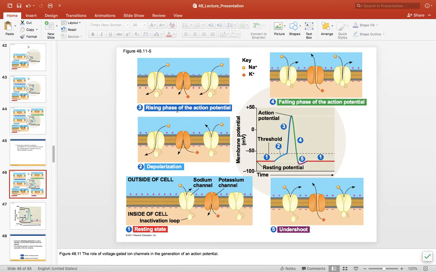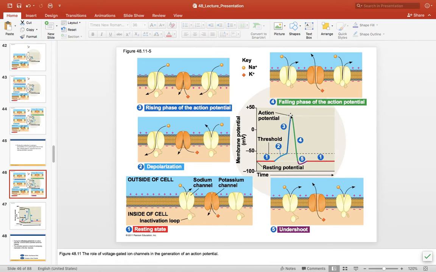Number 3 then is going to be the rising phase of the action potential, where more of those sodium channels open up and those potassium channels are still closed, causing a more positive increase in the inside of the cell, getting us past the threshold, and getting our action potential.